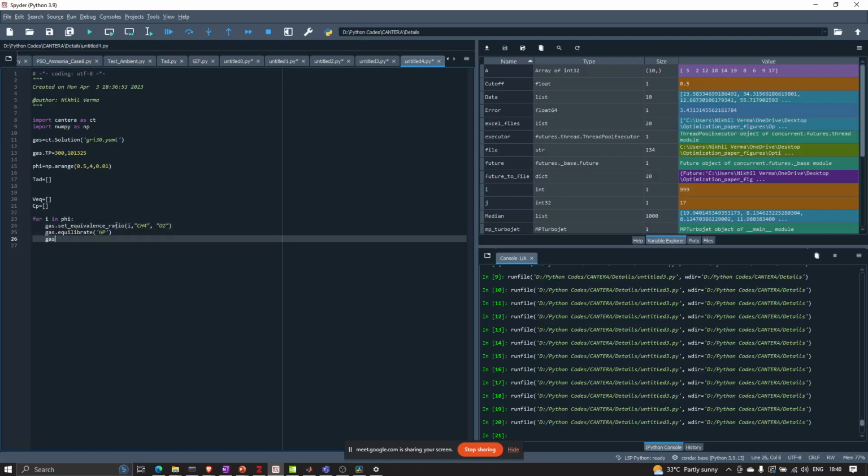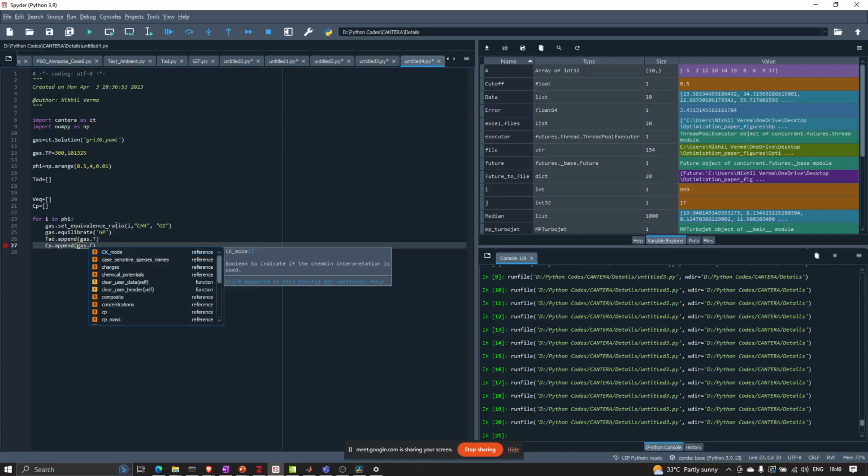This is gas.T, T_ad.append(gas.T), CP.append(gas.cp_mass).